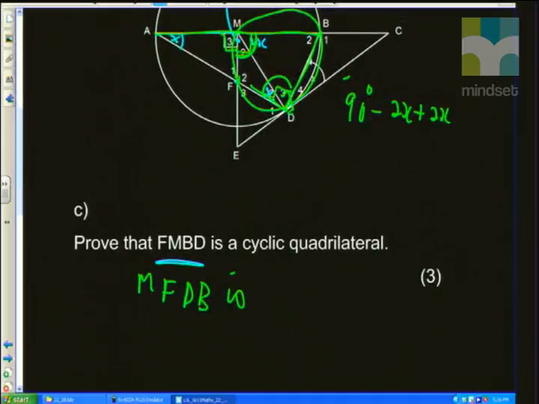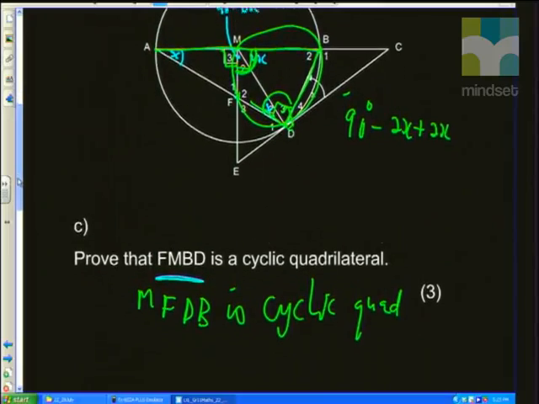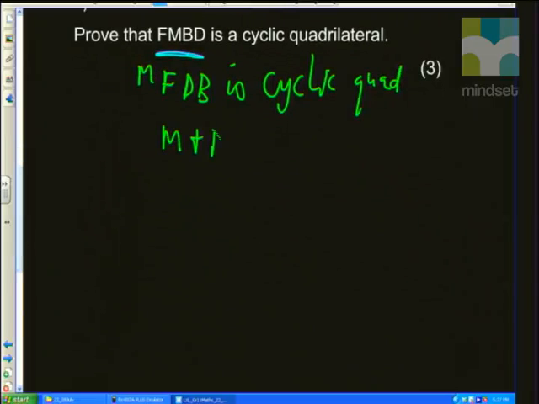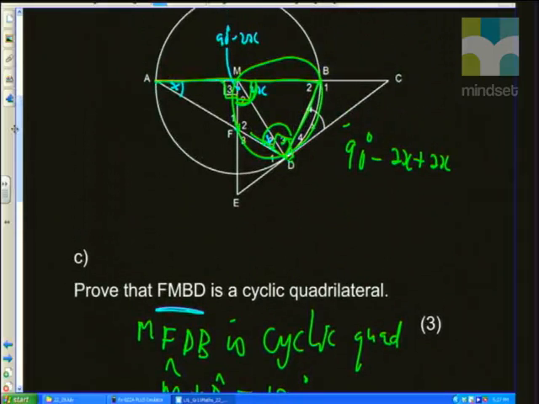And then you conclude by saying MFDB is a cyclic quad. And why is this a cyclic quad? Okay, because the opposite angles of a cyclic quad add up to 180 degrees. Because if you say M plus D, okay, this gives us 180 degrees. You've got a 90 degrees from the given information. Let's just look quickly here. You've got a 90 here. This is 90 degrees, okay?